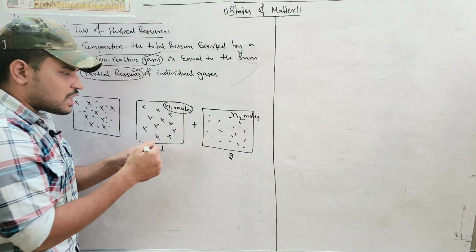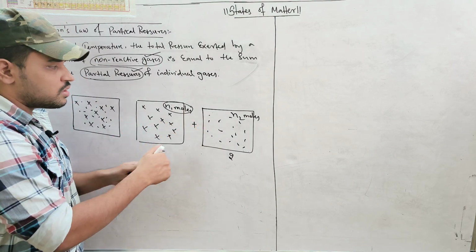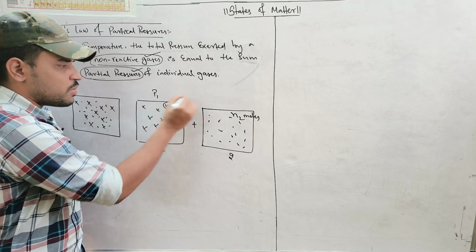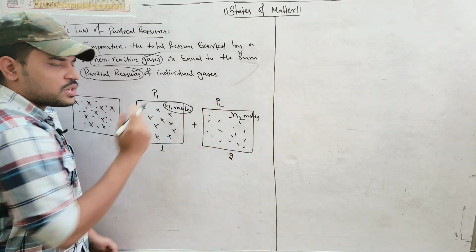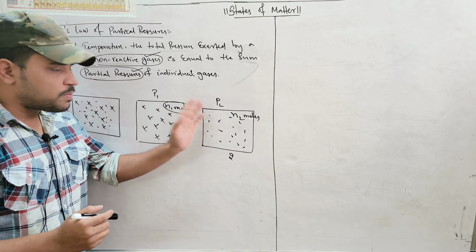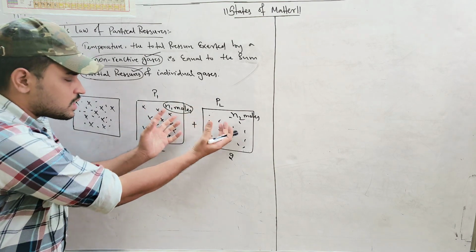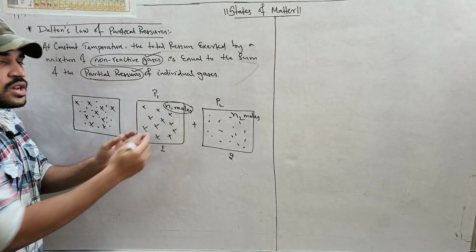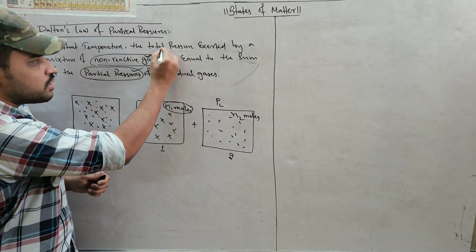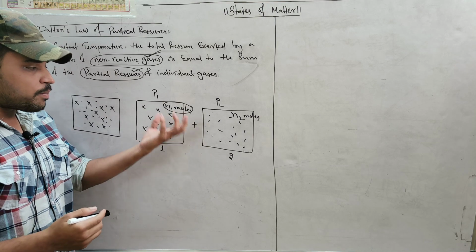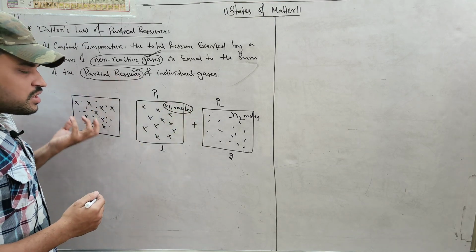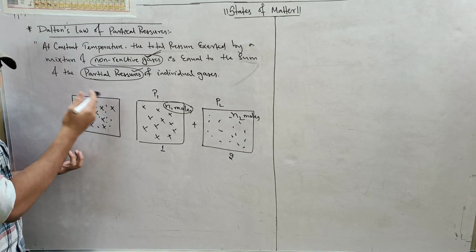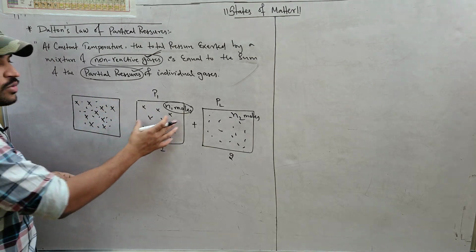When these two gases are individually present, the pressure they exert is called partial pressure. So this is P1, this is P2, their individual pressures. When these two gases are placed inside a single vessel, and these two gases are non-reacting, which is very important, non-reacting gases, then the total pressure they are going to produce is the sum of their partial pressures.